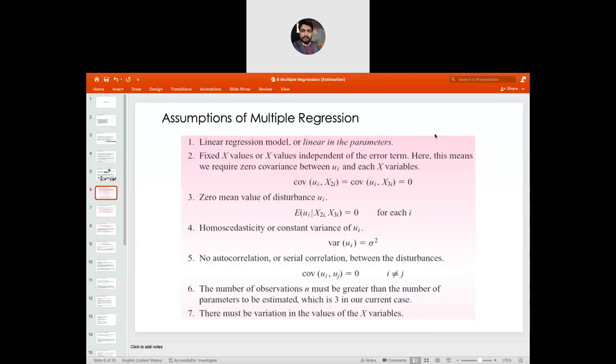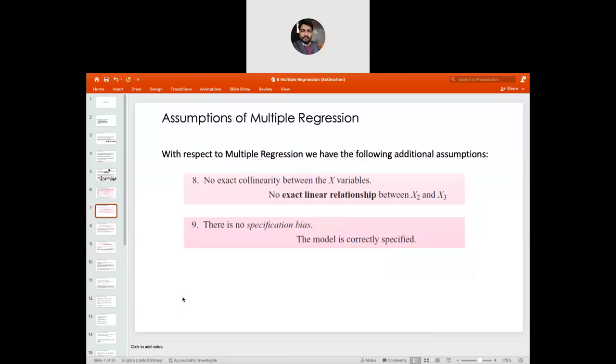Now, when we switch to multiple regression, we have already seen these assumptions, so I will not repeat these 7 assumptions, but there are 2 more assumptions which are added to our list. These are no exact collinearity between x variables and no specification bias. I'll explain these 2 only.